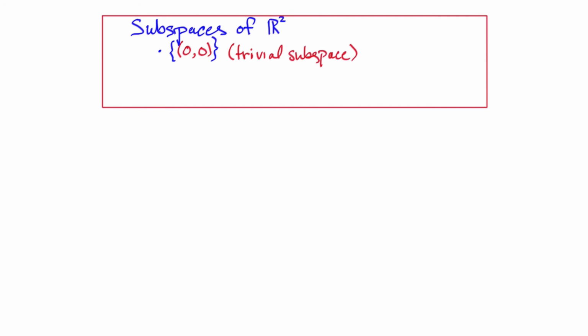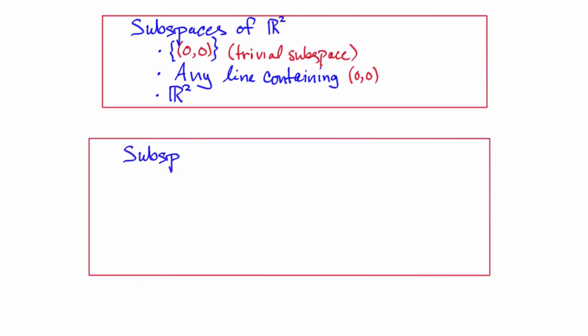That's a subspace, and it's called the trivial subspace. And any line that goes through the origin, any line that contains the point 0, 0 turns out to be a subspace. So if you have a line in R2 that does not go through the origin, it's not going to be a subspace. And then R2 is a subspace of itself. So those are the only three possible subspaces of R2.